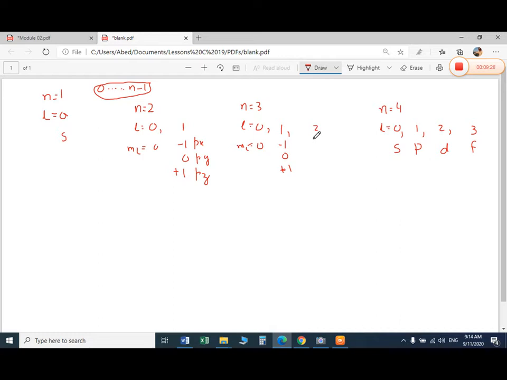L is equal to 2, then ML is equal to minus 2, minus 1, 0, plus 1 and plus 2. So this you see here, this is total 5 numbers, means this is 5 orbitals.